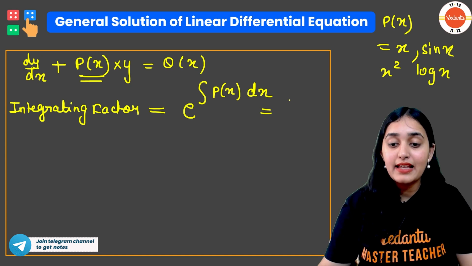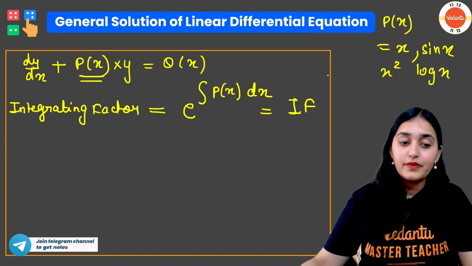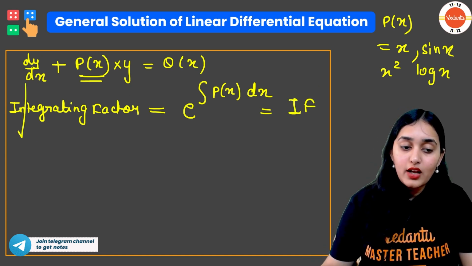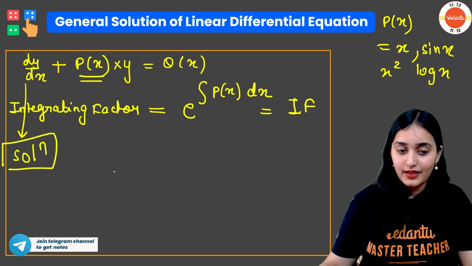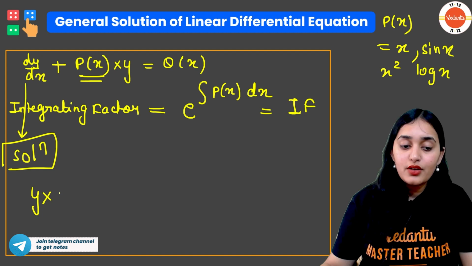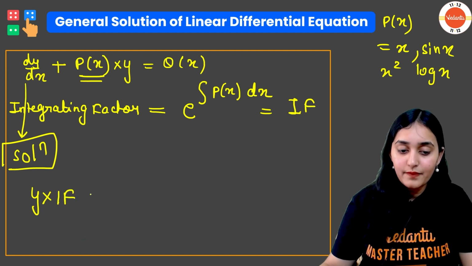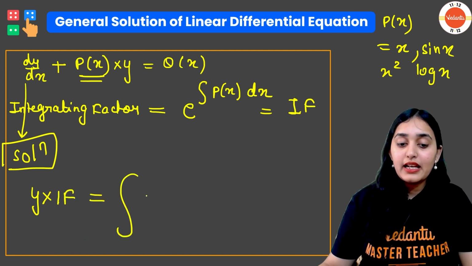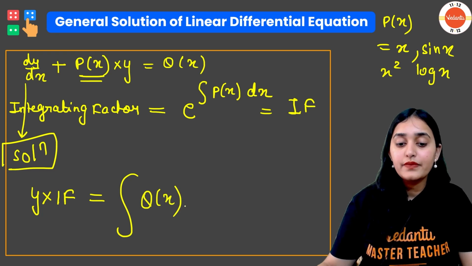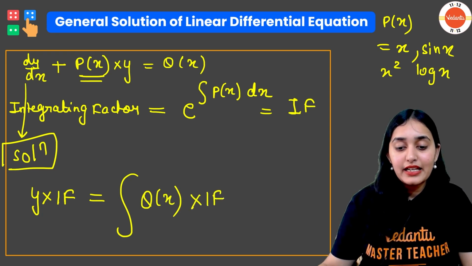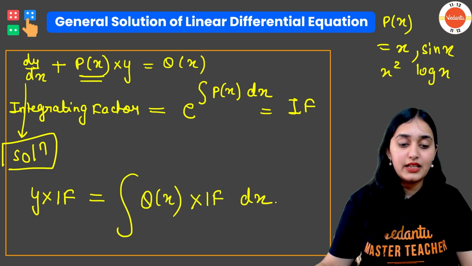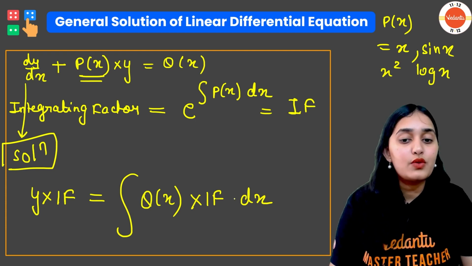This is called the integrating factor. Now, what is the solution of this equation? The solution is y into integrating factor is equal to integration of q function multiplied with integrating factor with respect to dx. This is your solution.